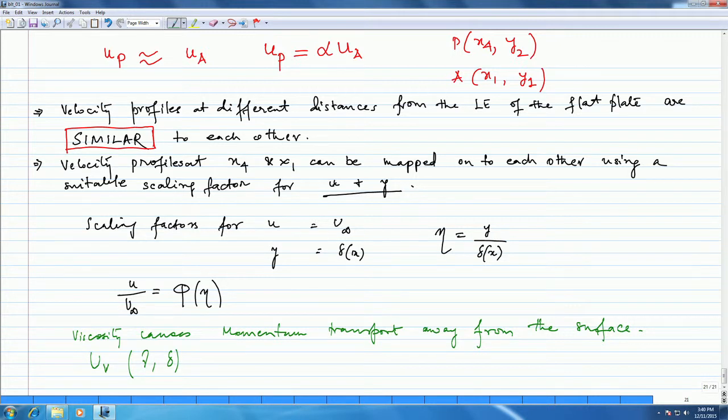Now if I look at nu and delta, I could say that uv depends on nu and delta, and I am writing it this way just to make it dimensionally correct, okay. And delta, of course, depends on x, I mean that changes, right.